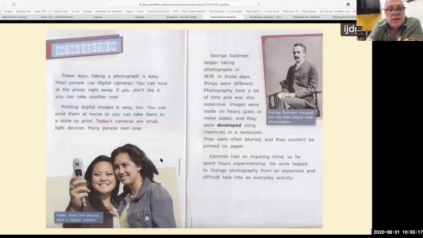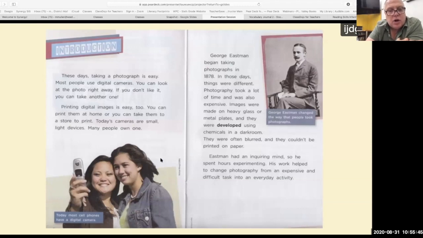These days, taking a photograph is easy. Please mute yourself. Most people use digital cameras. You can look at the photo right away. If you don't like it, you can take another one. Printing digital images is easy too. You can print them at home, or you can take them to a store to print.